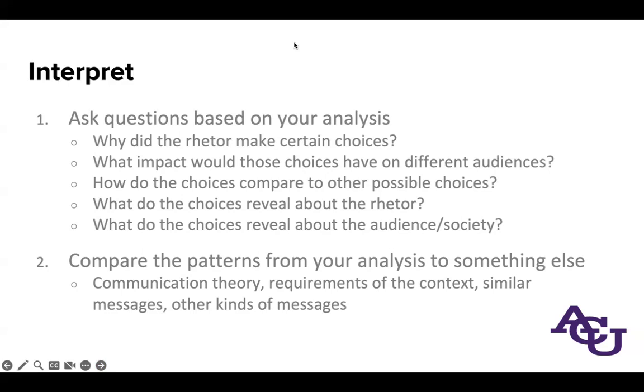What is it saying when I say something and it's like, oh my goodness, she didn't know who she was talking to? She upset and confused or really disturbed a lot of people. What do the choices say about the audience? And then compare the patterns from your analysis to something else. You guys are being bred in this, you're being taught this. So, communication theory, requirements of the context, similar messages.